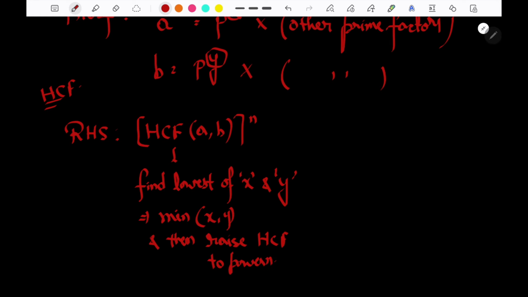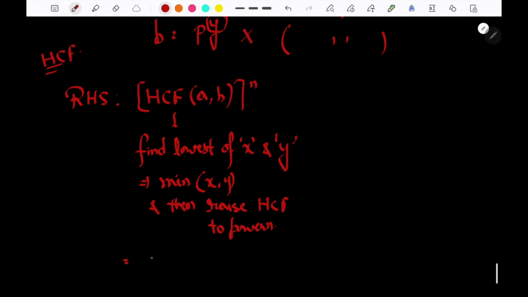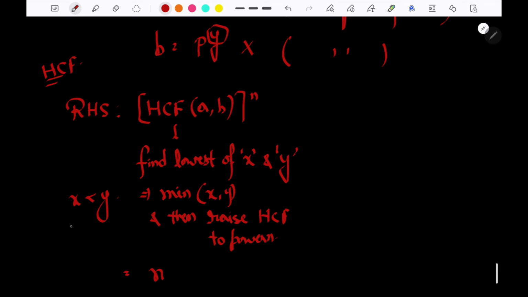So it becomes n times, I am talking only of the exponent. For example, if x is less than y, the power of p that will come is p to the power x. When I raise to n, it becomes p to the power nx. So I am talking of exponents: it will be n into the minimum of x comma y.